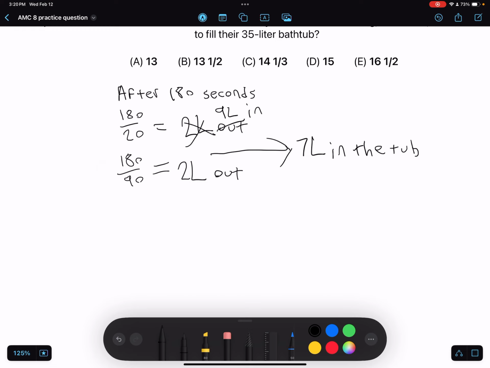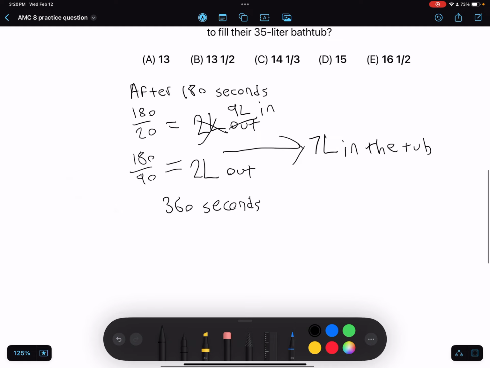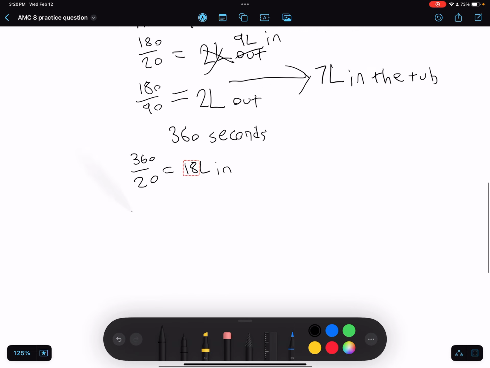We could figure out how many liters are going to be in the bathtub after 360 seconds. We have the same process, 360 over 20, which is going to be 18 liters in, and 360 over 90, which is going to be 4 liters out.